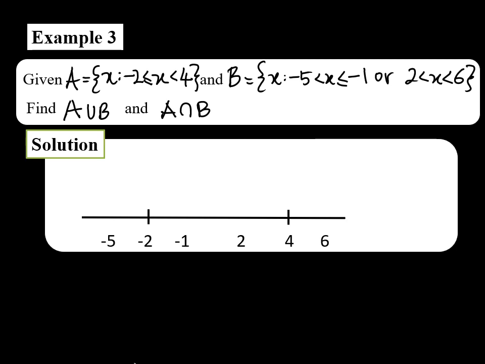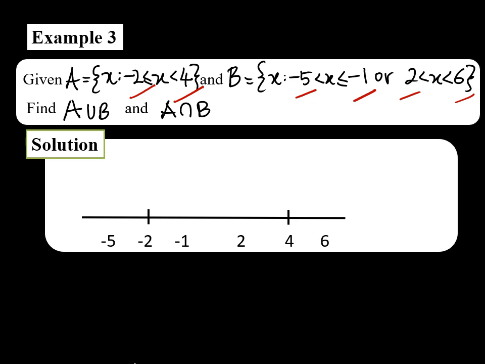We have the numbers 2, 4, negative 1, negative 5, negative 1, 2, 6 as endpoints. We write down all of these numbers on the number line increasingly: negative 5, negative 2, negative 1, 2, 4, 6.